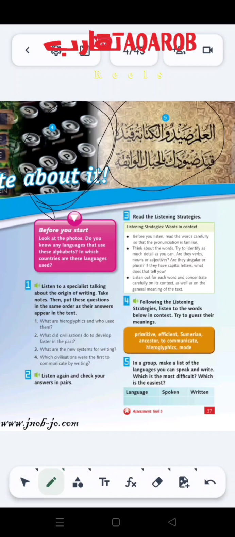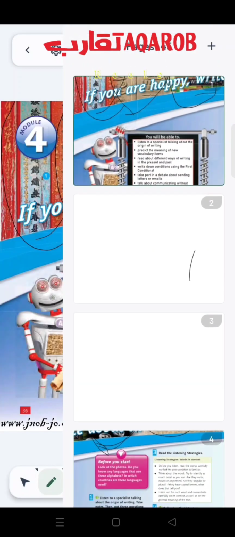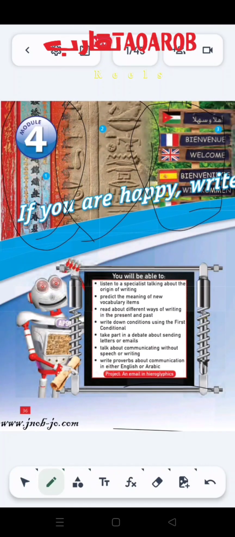Now let's read the second question. In which countries are these languages used? In picture number 1, these Chinese ideograms are used in the Chinese language in the country of China. And picture number 2, they used these symbols in Egypt in the past. Picture number 3, the Arabic language is used in the Arab countries, and the French language is used in France.